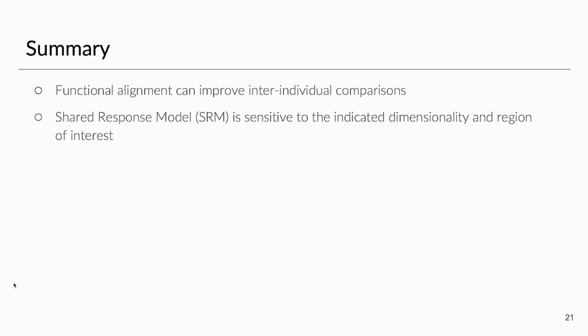So for example, the shared response model, which assumes this latent factor representation for the similarity measure, is sensitive to the indicated dimensionality and the particular region of interest and how well it represents the signal that you're looking to align. So using these models carefully is something that we're continuing to think about the best context for.